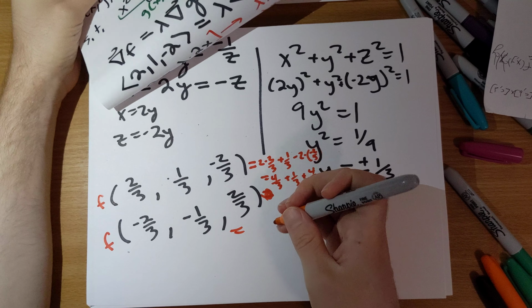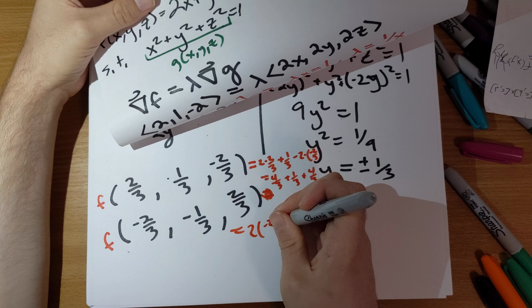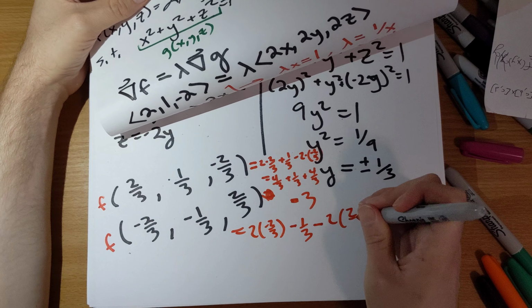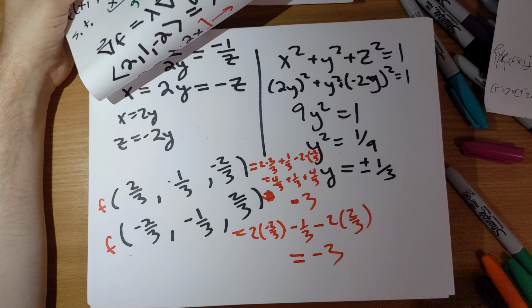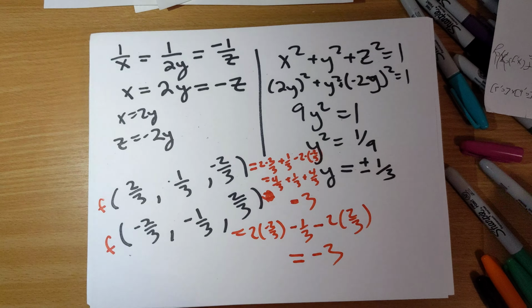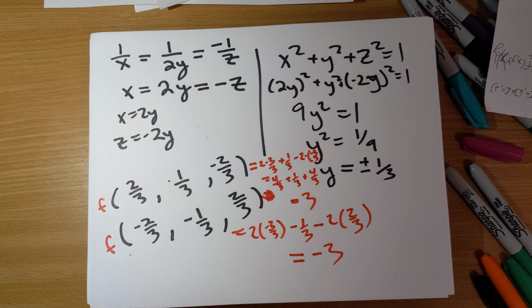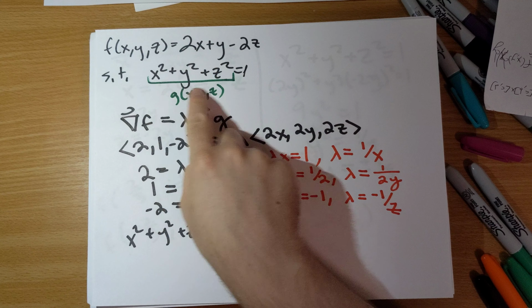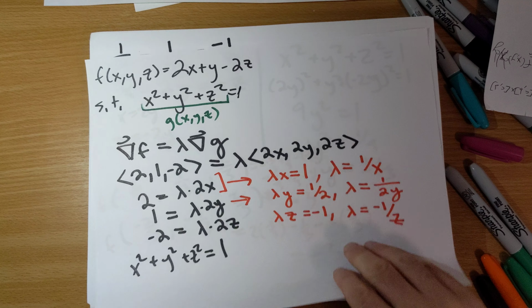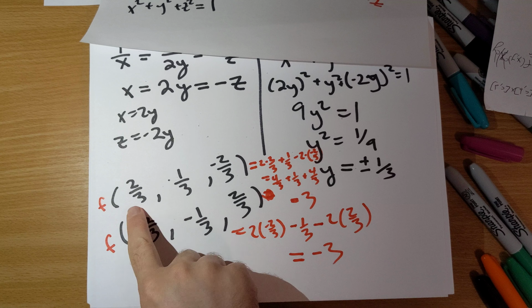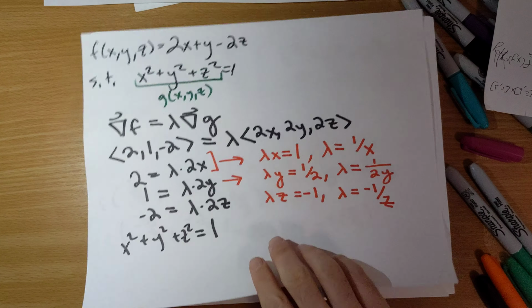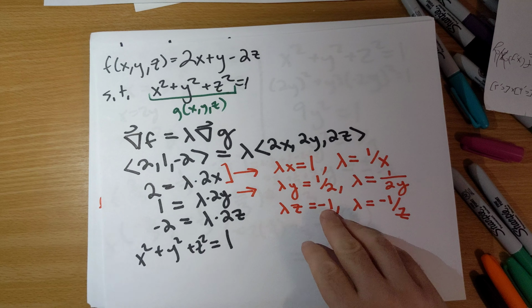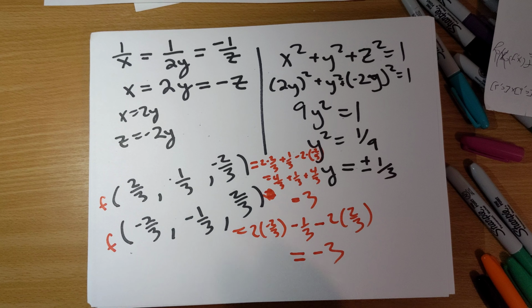And for the second one, we'll have 2 times negative 2/3 minus 1/3 minus 2 times 2/3, and this ends up as negative 3. So the maximum value that f of x, y, z takes on the unit sphere here is 3, occurring at this point. And the minimum value f of x, y, z takes on the sphere is negative 3 at this point.